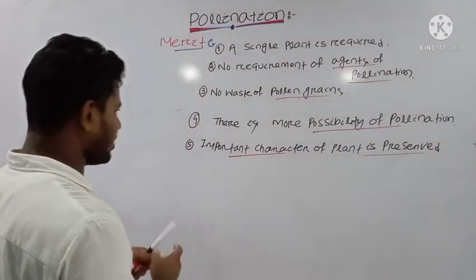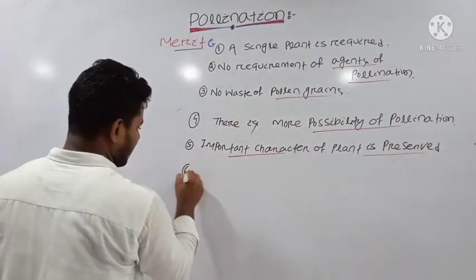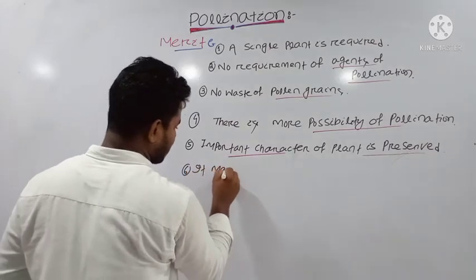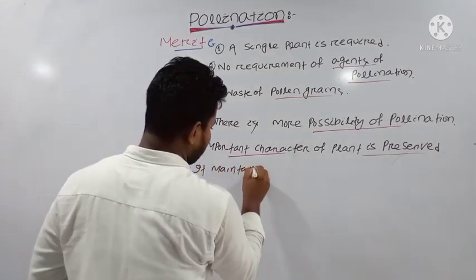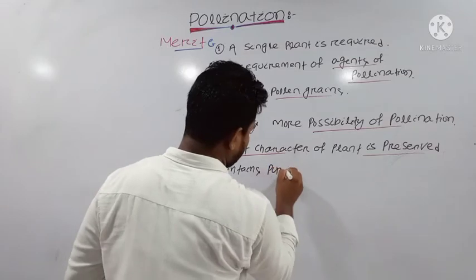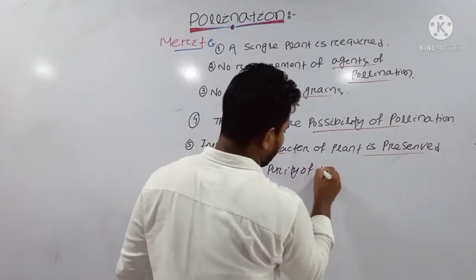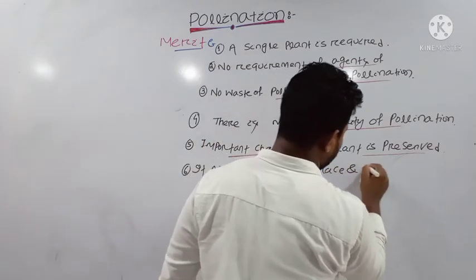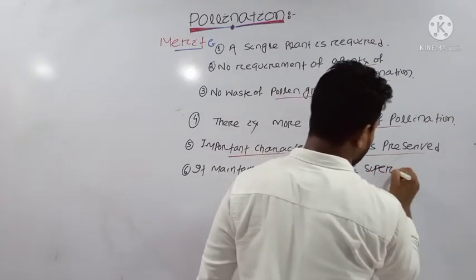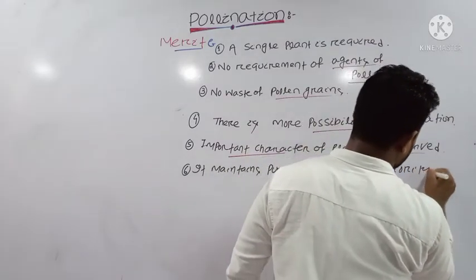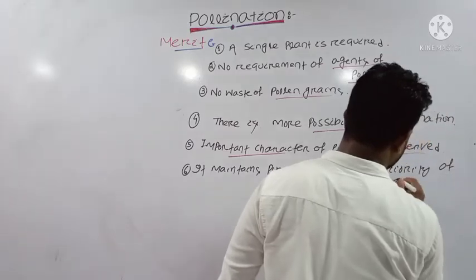Okay. The next important point is that it maintains purity of race and superiority of variety.